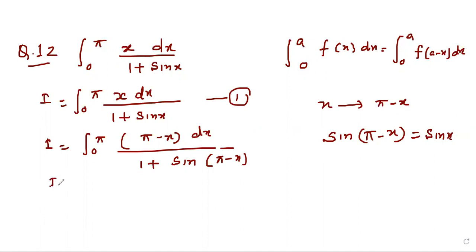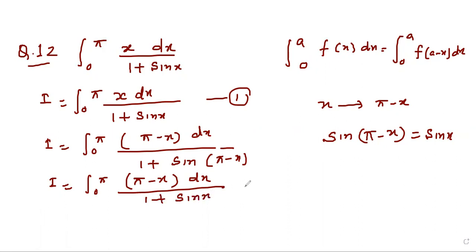So I equals integral 0 to pi of (pi minus x) dx divided by 1 plus sin x. Equation number 2. If we add equations 1 and 2, we will get 2I equals integral 0 to pi.